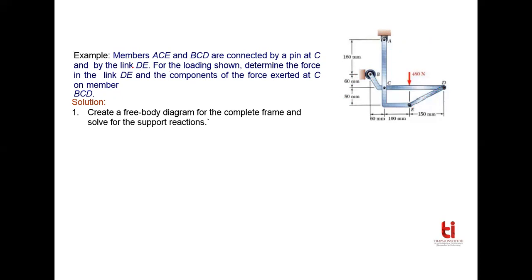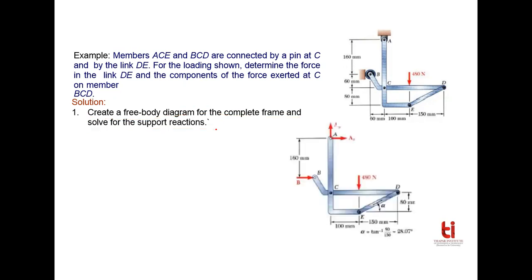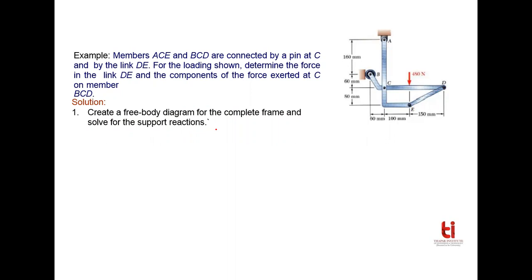So our first job should be to draw the free body diagram. First let's create a free body diagram for the whole system or complete frame, and then solve for the support reactions. As I mentioned in the previous example, whenever we are drawing the FBD for the whole system, we will not show the internal forces.